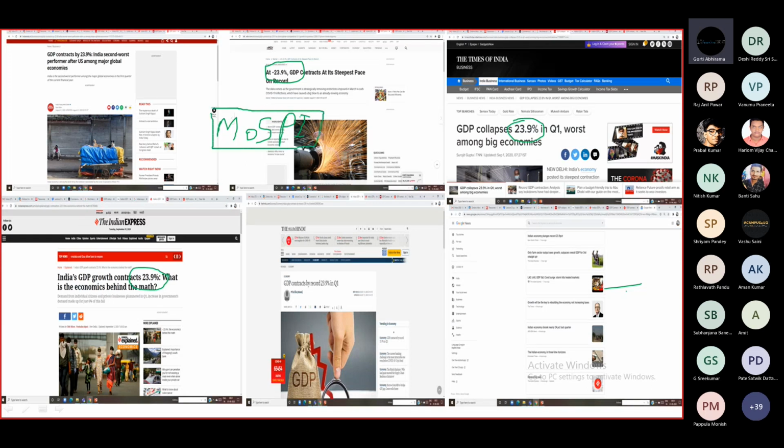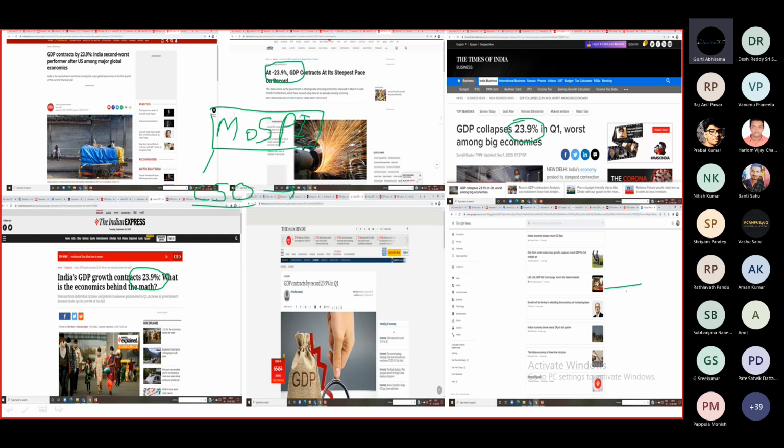Under this ministry, we have one organization called CSO, Central Statistical Organization. These organizations generate these numbers. Over the course of this subject, we'll understand how these numbers are generated.